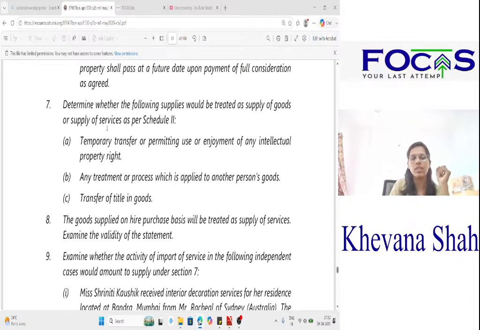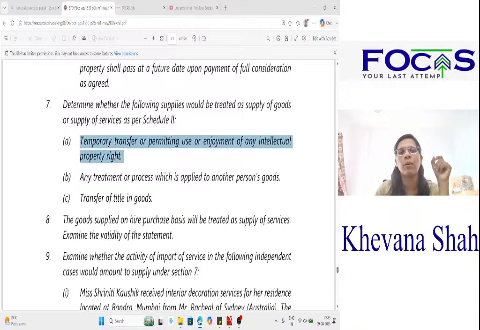Now the seventh question is a similar one. They are asking us whether we should be treating them as supply of goods or as supply of services as per schedule 2. Temporary transfer or permitting use or enjoyment of any intellectual property rights will amount to supply of services. Why? Because you are making only a temporary transfer and you are not permanently transferring it.